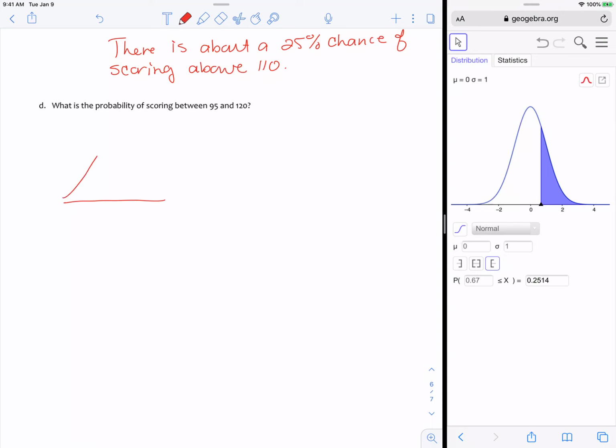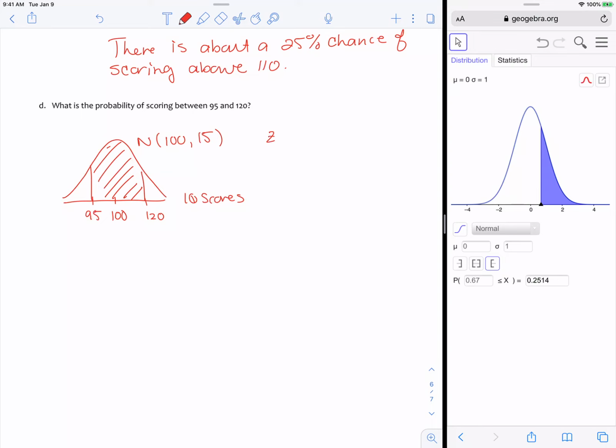So here's our picture. Normal, 100, 15. These are IQ scores. Place the center at 100. Then our bounds, 95 and 120. Okay, so this is the region that I'm looking at. I'm looking for the probability, the area between 95 and 120.